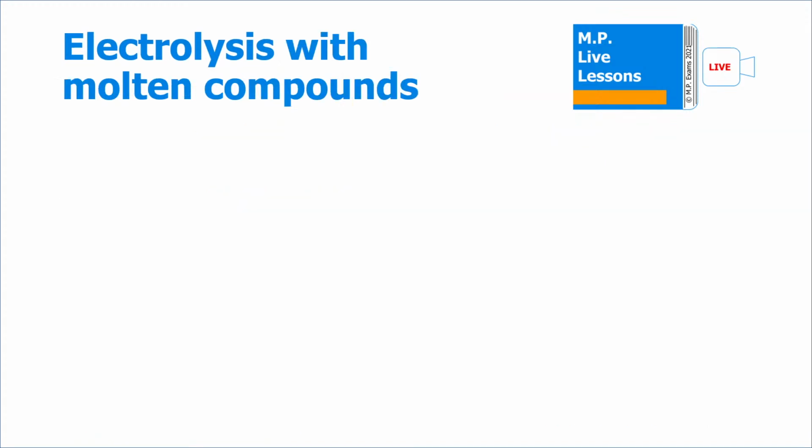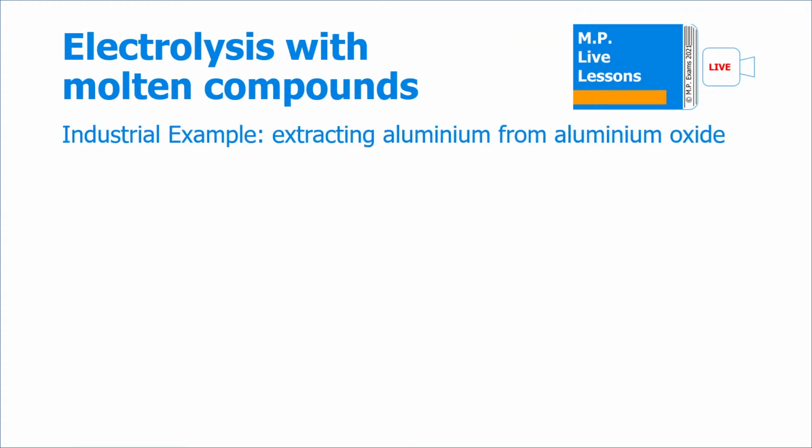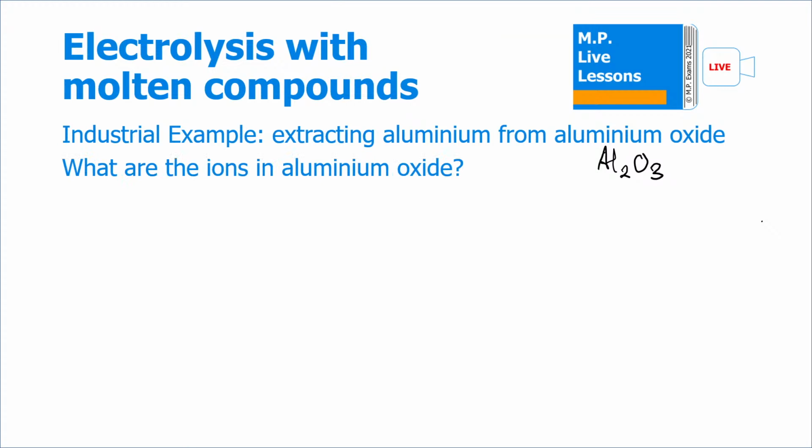Now, we first need to learn about electrolysis with molten ionic compounds. An industrial example would be extracting aluminium from aluminium oxide. So that'll be Al2O3. Now, what are the ions in aluminium oxide? So we have aluminium, and aluminium tends to lose electrons and become positively charged.